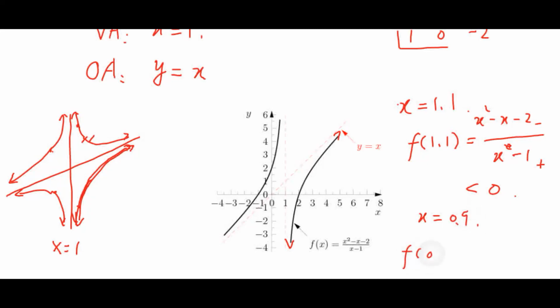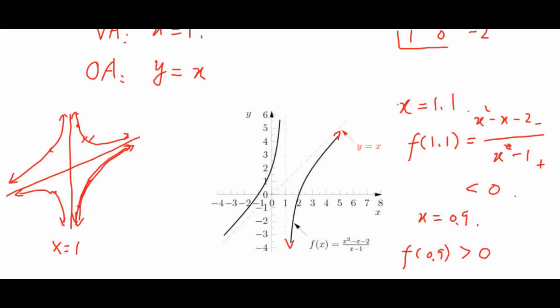When x = 0.9, x minus 1 is negative, the numerator is negative and the denominator is negative, so the function value is positive.